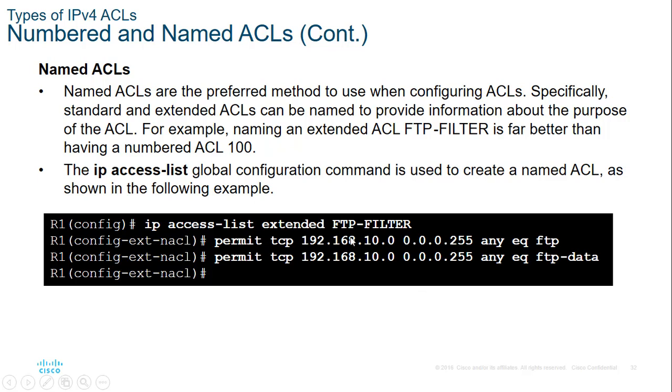So I'm looking for this, ignoring this part here, and to go anywhere. So I'm permitting this network to go anywhere to use the FTP protocol. You would want to do that one twice because remember there's port 20 and port 21, FTP data and FTP.